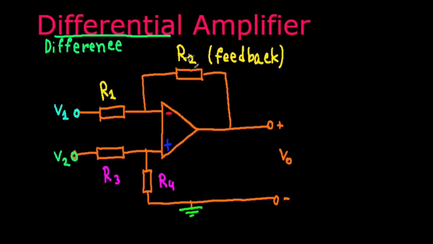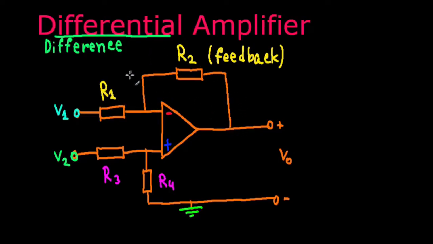But anyways, what we have here is one voltage signal input or supply right here. It has to go through a resistor, we'll call that R1, and this is connected to the inverting input.